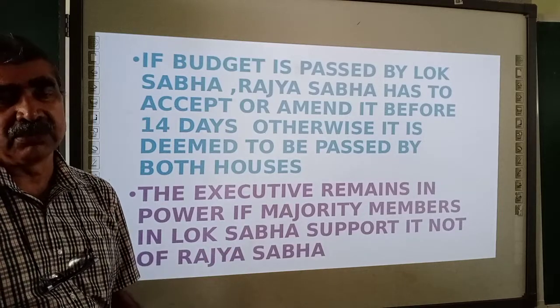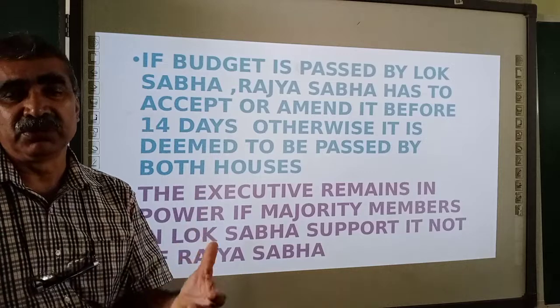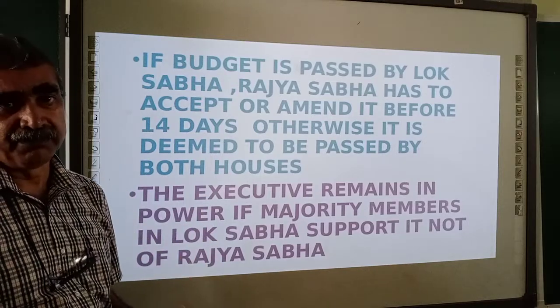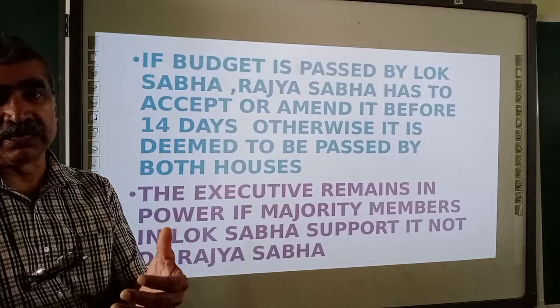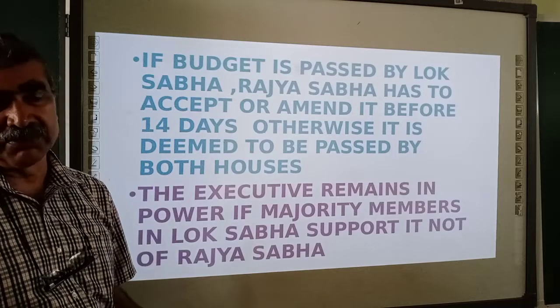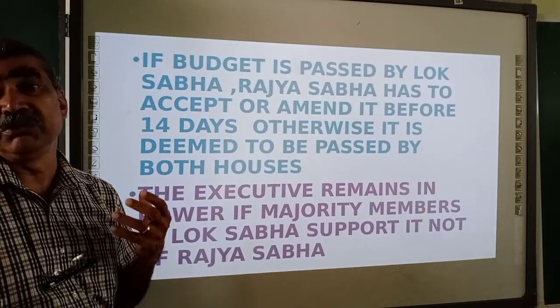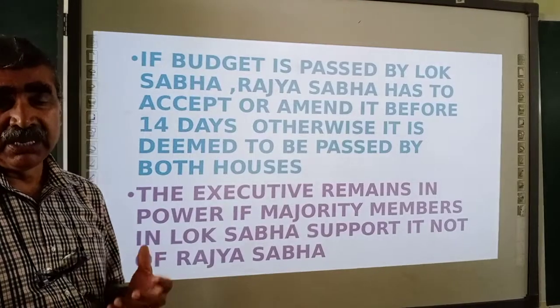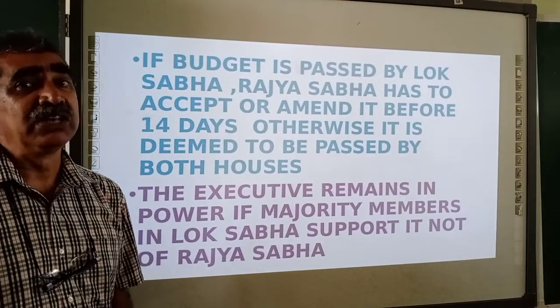Presently, nowadays, the government presents the budget on the first day of February, and by 31st March the budget will be passed by the Parliament, and 1st April is the start of the financial year.